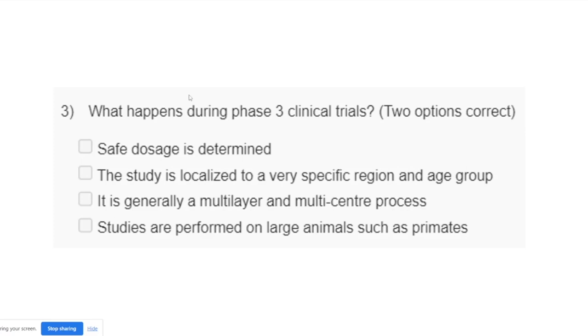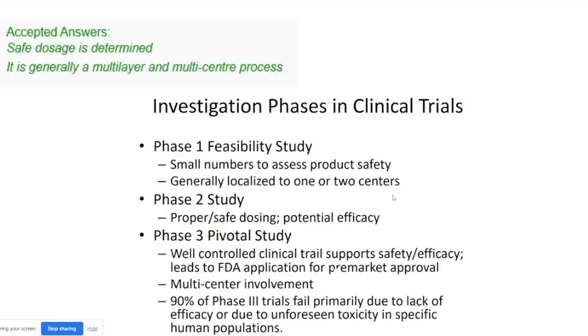The other correct option would be safe dosage is determined. So studies are performed on large animals such as primates. These happen even before the clinical trials, you can say. In the clinical trials, this is basically what happens in phase 1: a small number of people are used to assess the product safety, and it is generally localized to 1 or 2 centers.